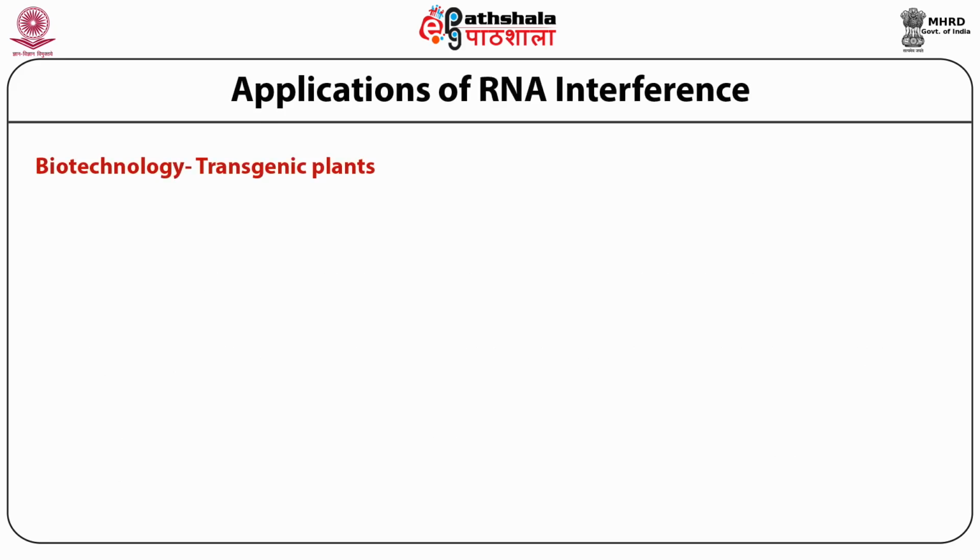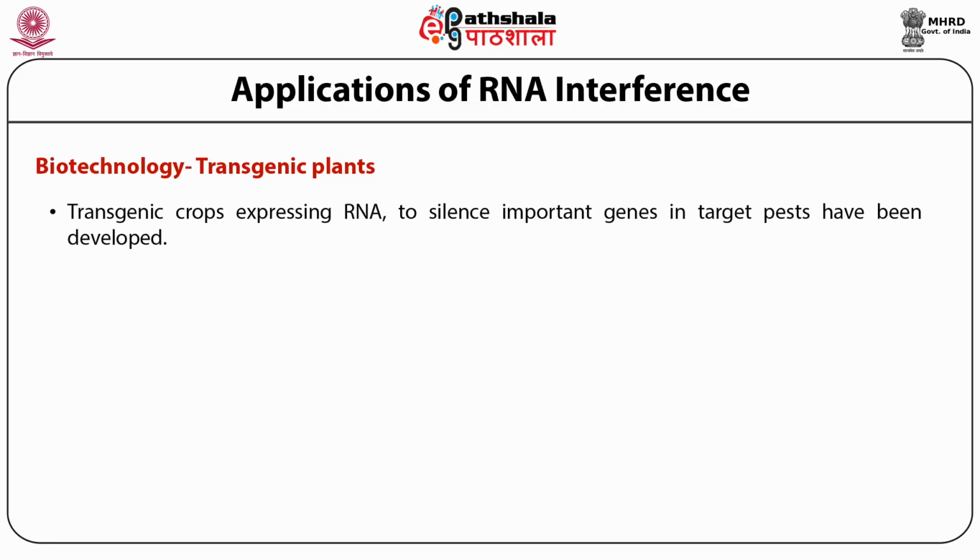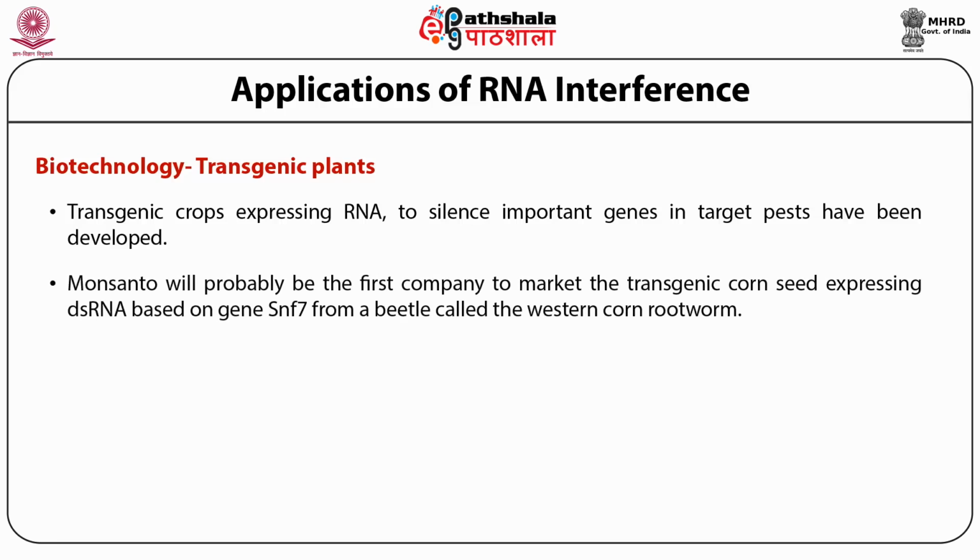RNA interference is being actively applied in the field of generation of transgenic plants also. Transgenic crops expressing RNA to silence important genes in target pests have been developed. Monsanto will probably be the first company to market the transgenic corn seed expressing double-stranded RNA based on gene SNF7 from a beetle called the western corn rootworm.